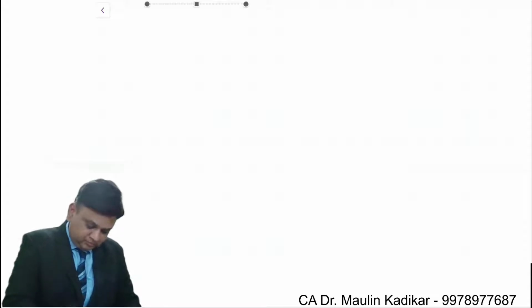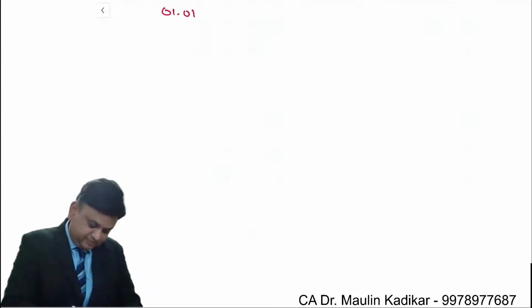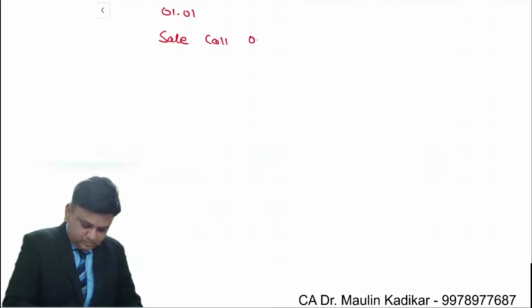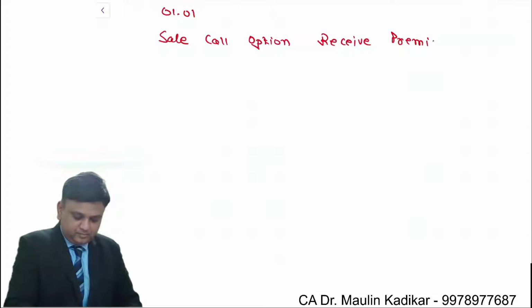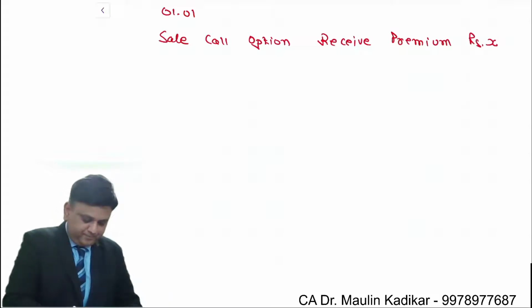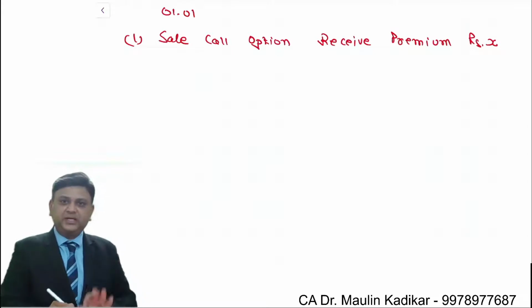Everybody stop writing, let me explain to you. On 1st of January, suppose I sell call option. And on sale of call option, I receive premium rupees X. This is very simple. Don't write anything. Let me explain to you.